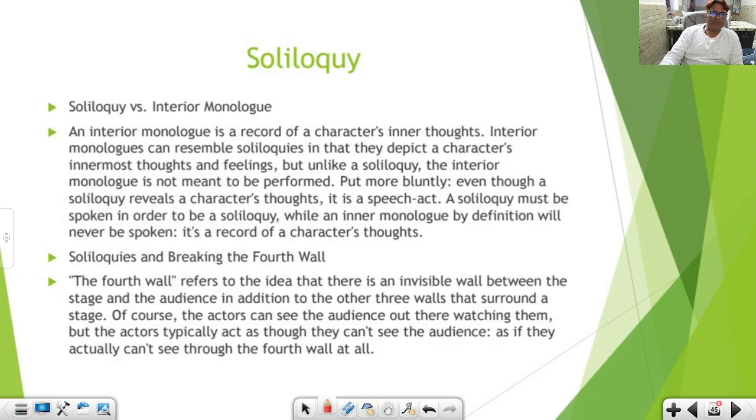Now, another term comes that is interior monologue. Soliloquy and interior monologue. Interior monologue, as I told you in the beginning, is a somewhat modern term.